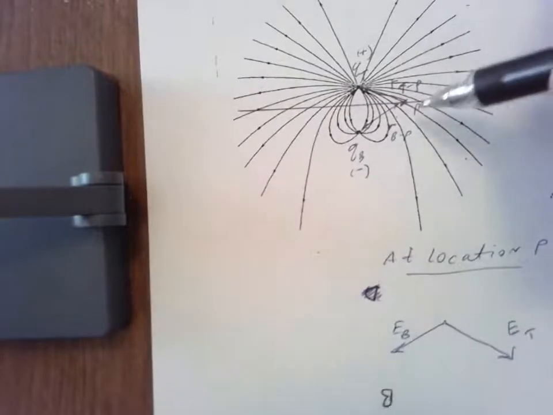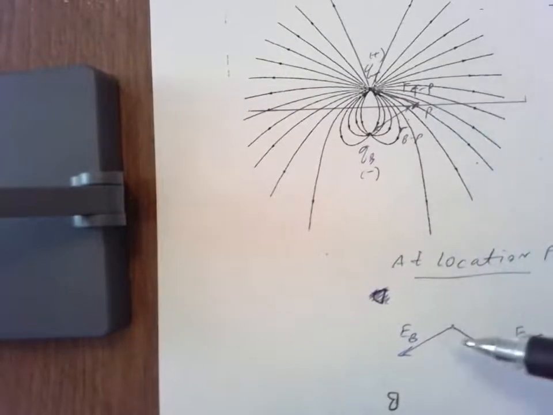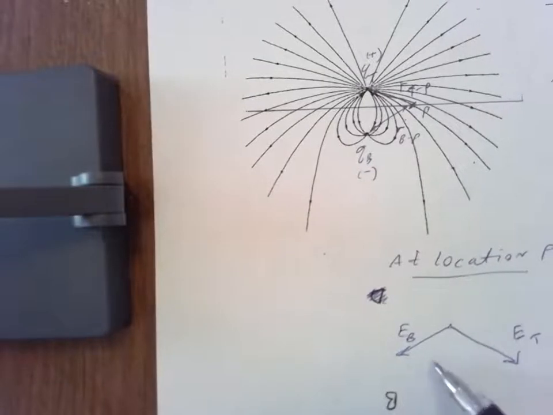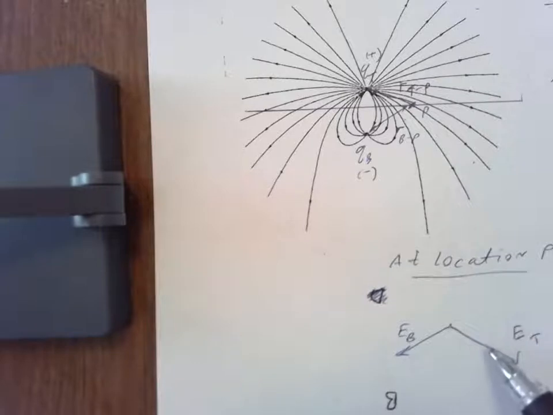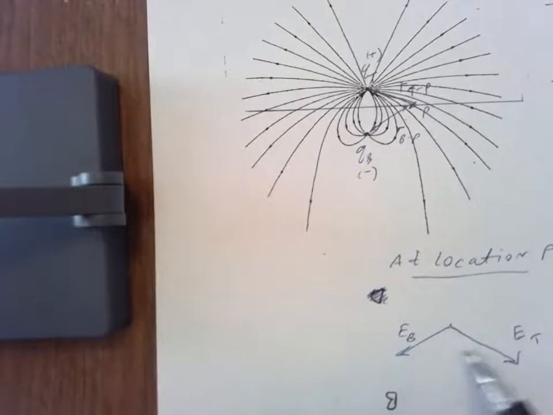Now, what you can kind of see is these are competing a little bit with each other. We have to add these two together to find the net electric field. Now, if these were equal in magnitude vectors, then the net of these two would be straight down, because their horizontal components would exactly balance out.